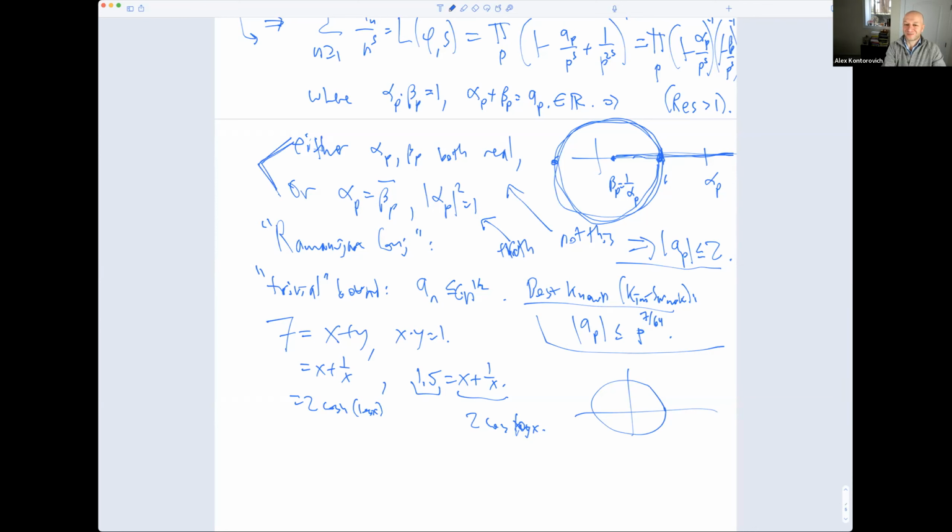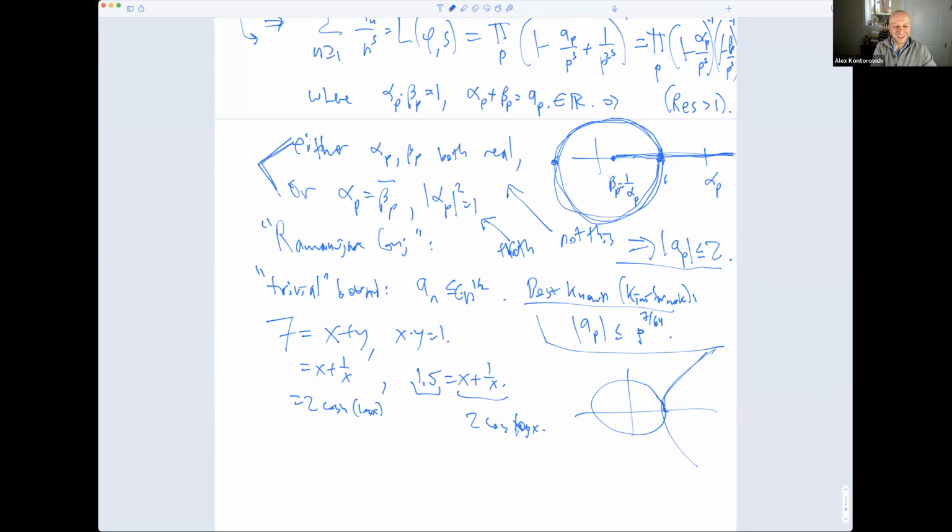Right, okay. So cosine parametrizes the circle, cosh parametrizes the hyperbola, and you can only be on one or the other. The split is exactly whether this number, which is twice cosh, is greater than 2 or less than 2. Either cosh is an imaginary cosine or cosine is an imaginary cosh.